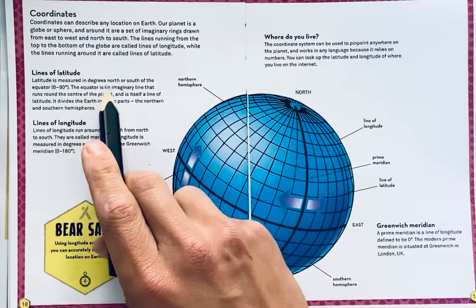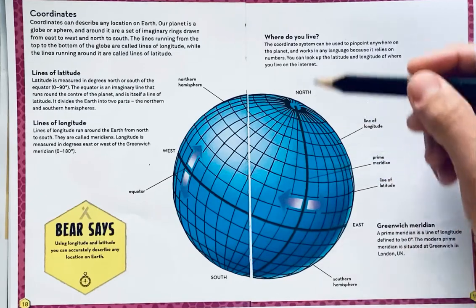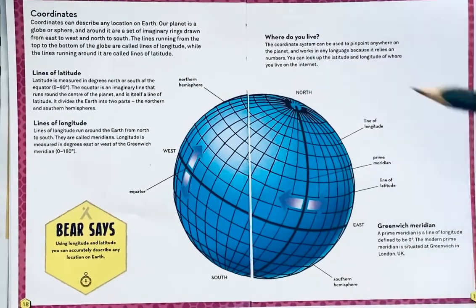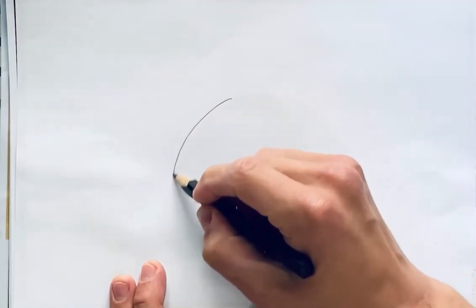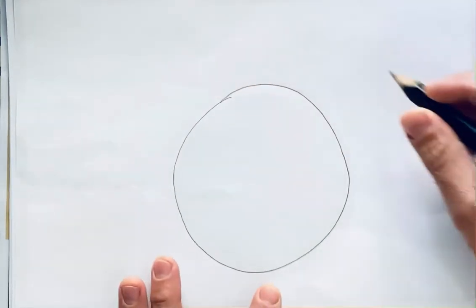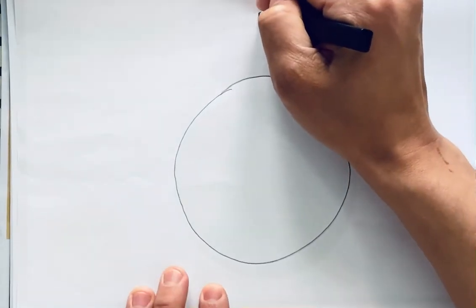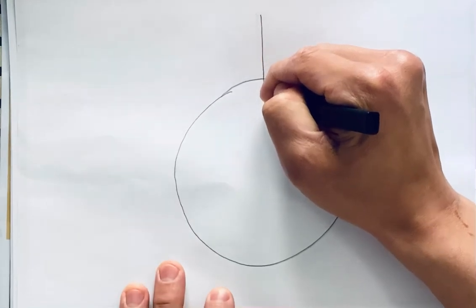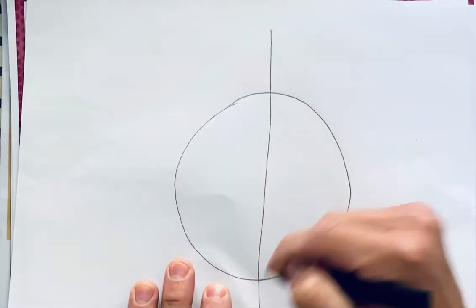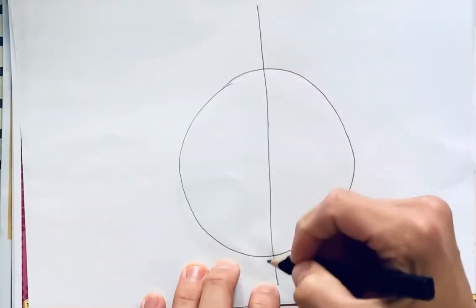Latitude is measured in degrees north or south of the equator. 0 is the equator, and in this case, 90 would be the North Pole. If we take a piece of paper, and if I were to draw a circle on this piece of paper, we can see that if I draw a line straight down the middle of this circle, more or less, it's not very pretty, but you understand, this straight line, okay?